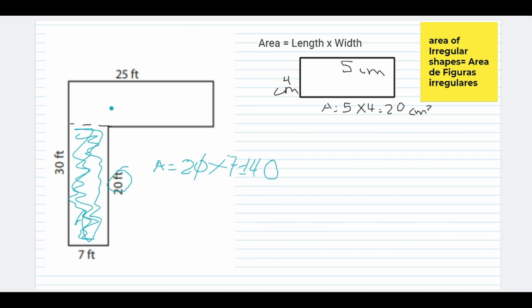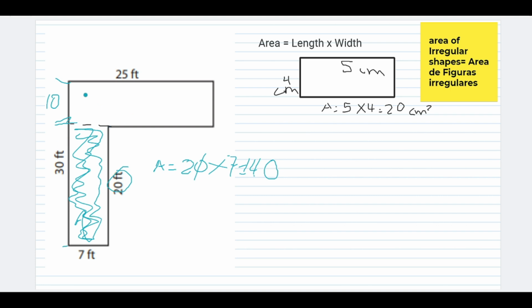But what about this one? In order to calculate the distance from this point to this point, we subtract, because from here all the way is 30, but since we have 20 in between, we subtract 30 minus 20, and that will be equal to 10.